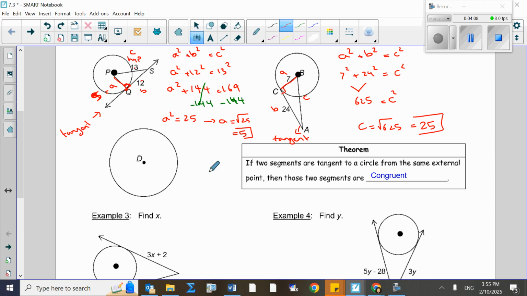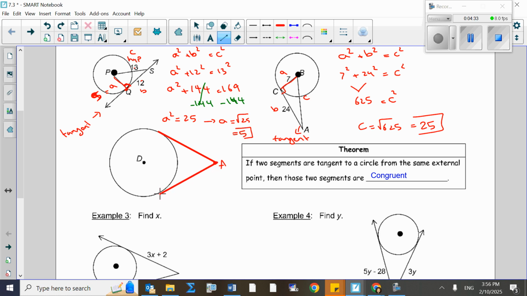Okay, now let's work on the next problem. The next problems basically are about this new theorem. The new theorem says if you have a point outside of the circle, let's call that A, and then you draw two tangent lines to this circle from this point. So I'm going to draw one line this way, it's going to touch the circle at this point, and another one here.